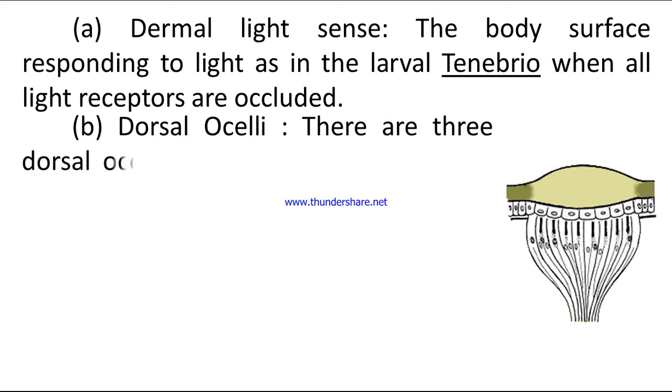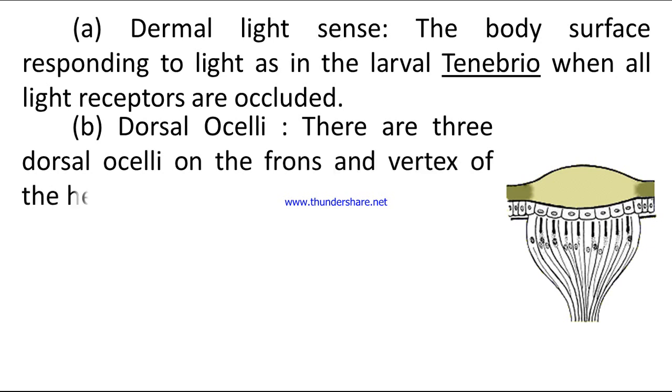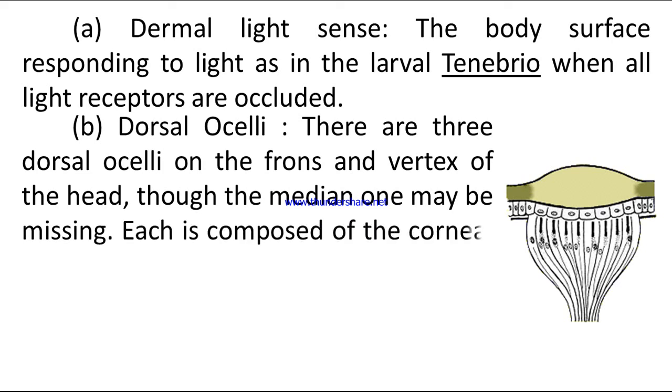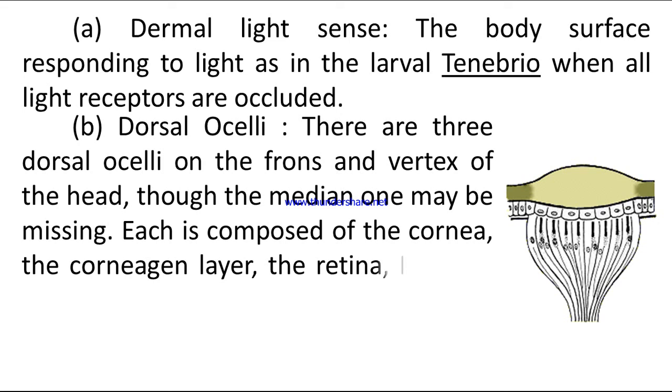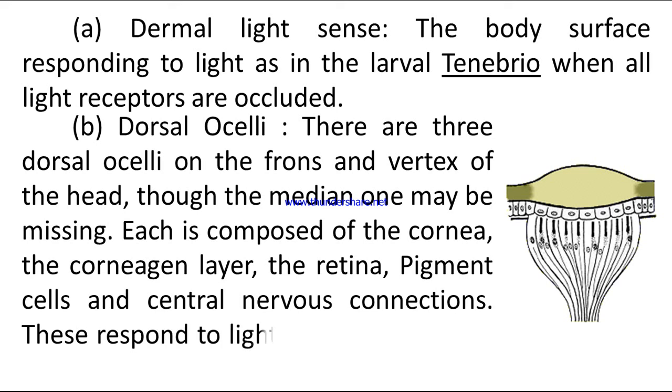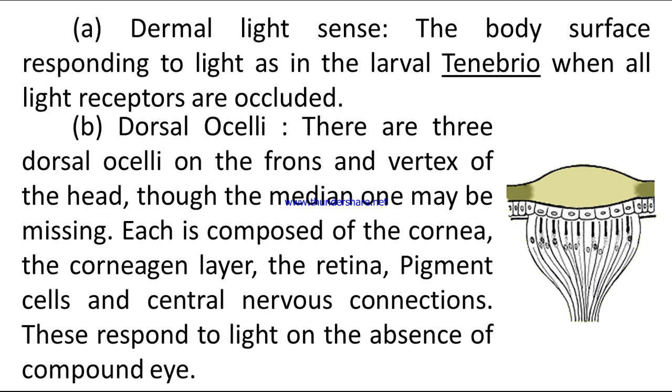There are 3 dorsal ocelli on the frons and vertex of the head, though the median one may be missing. Each is composed of the cornea, the corneagen layer, the retina, pigment cells, and central nervous connections. These respond to light in the absence of compound eyes.